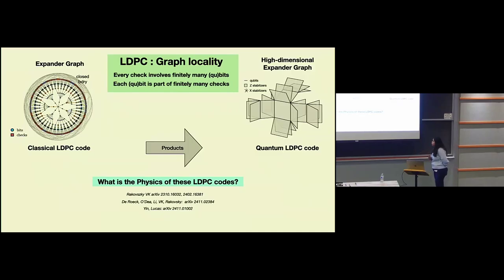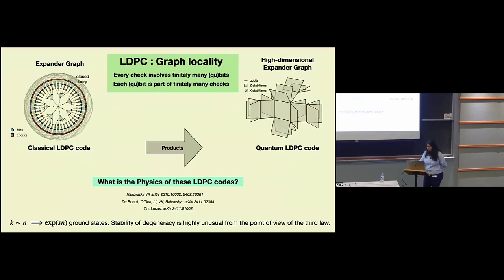One aspect of the ground state physics that we've addressed is actually quite striking. This was in these two papers by our group and Andy Lucas's. In these models, the code rate is proportional to system size, which means the number of ground states is 2 to the k, exponentially many in system size.